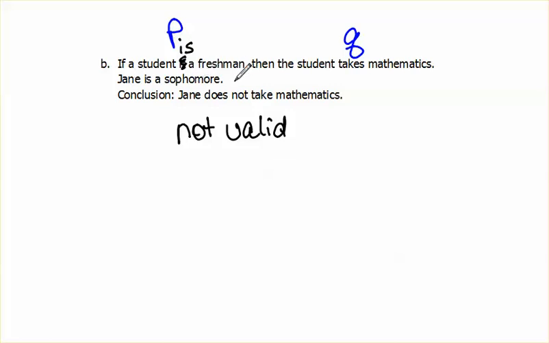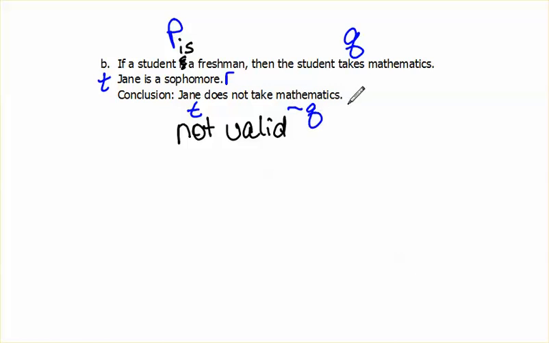Okay, that's a completely new thing, so that's an R. But we've also introduced a Jane, so maybe we should give that a different letter, maybe a T or something. So that means T and does not take mathematics.